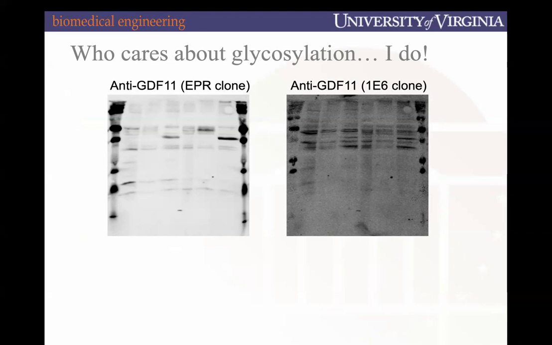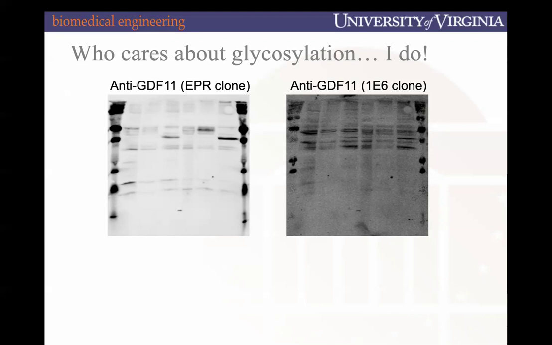One example of why this could really matter is this Western blotting from our protein biochemistry lecture. We have two different monoclonal antibodies here that both stain for GDF11, the same protein. So they stain for different epitopes on the same protein.